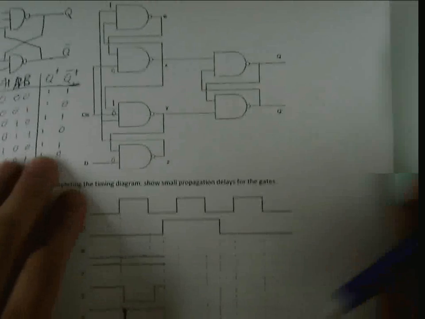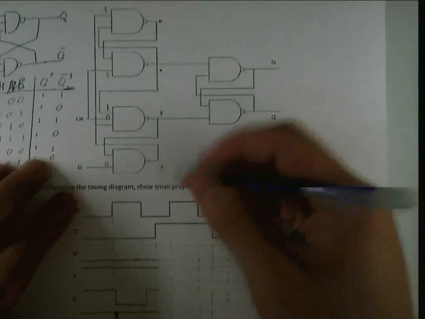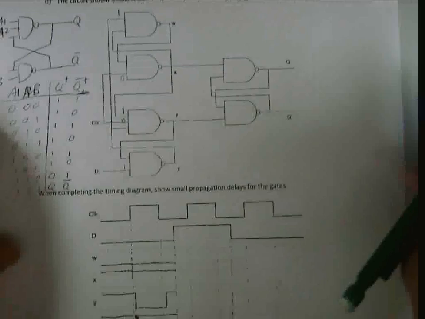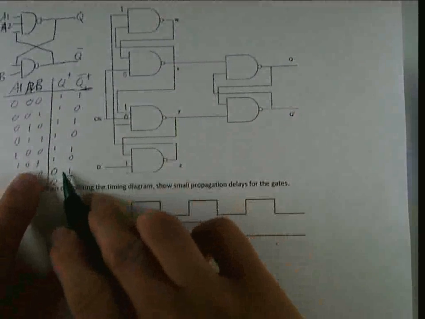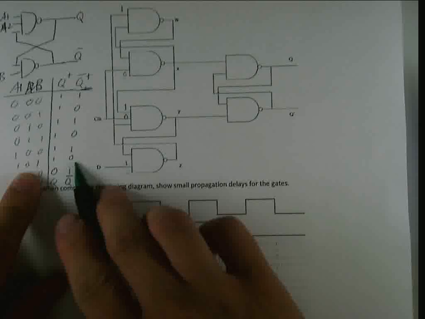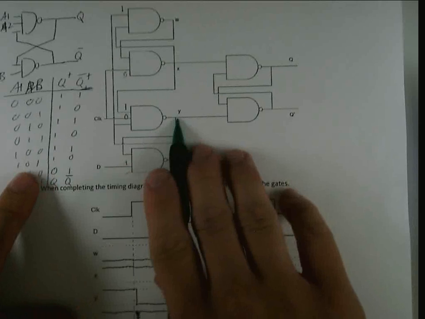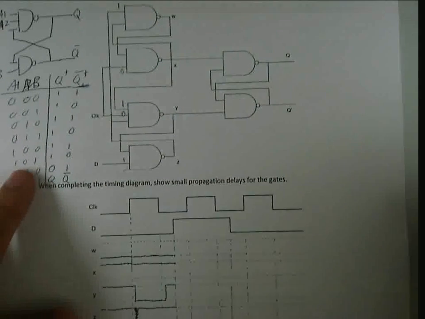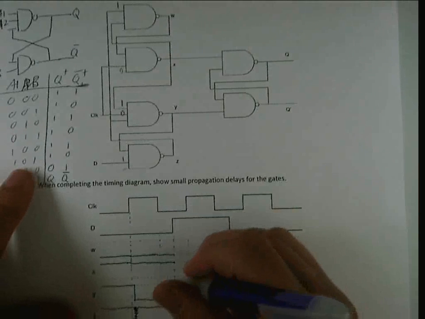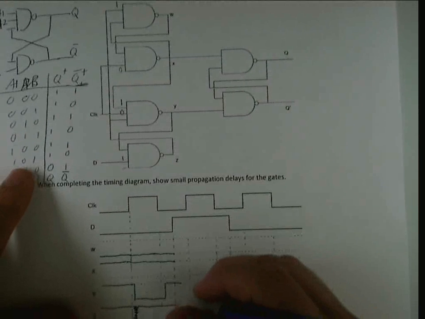Now I've got D is 1 and the clock is 0, so we have the 1, 0, 1 input. That means Q bar, which is here, is going to change to 0, and Q is going to change to 1. Y is going to stay the same for a little bit, at least. And we know Z is automatically going to have to change to 0, after a short delay.